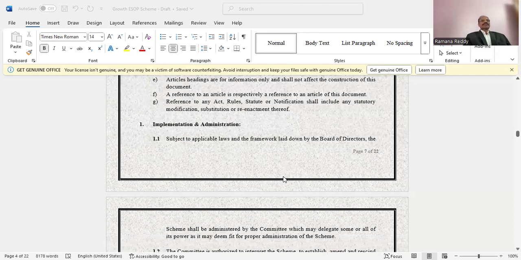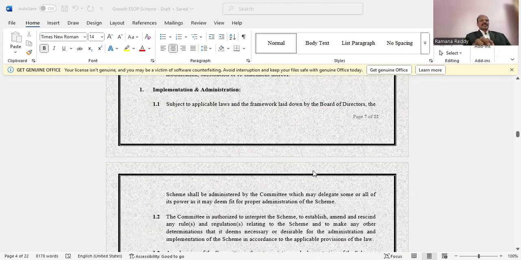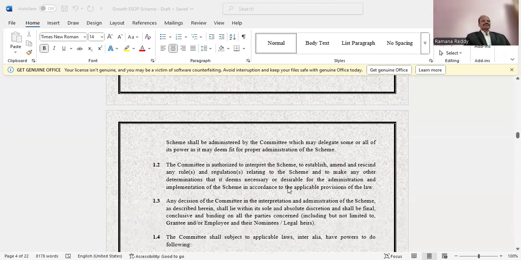Subject to applicable laws and the framework laid by the Board of Directors, the scheme shall be administered by the committee, here the Nomination and Remuneration Committee, and it may delegate some or all of the powers as it may deem fit for proper implementation and administration. The committee also can further delegate the powers for implementation.